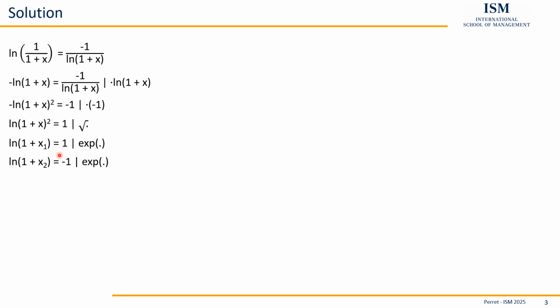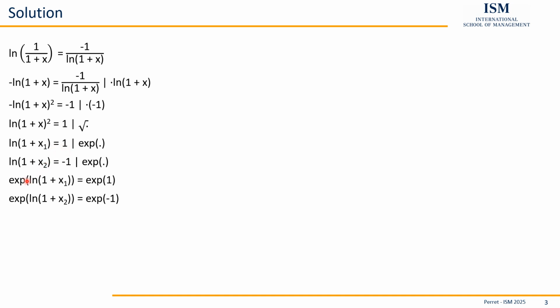Well, in both cases, I do not care, because I would do exactly the same thing. Since I want to get to the x, I have to get rid of the natural logarithm here. So I take the inverse function of the natural logarithm, which is the exponential function, and I apply this on both equations, left and right. So the first looks like this, and the second will look like this.